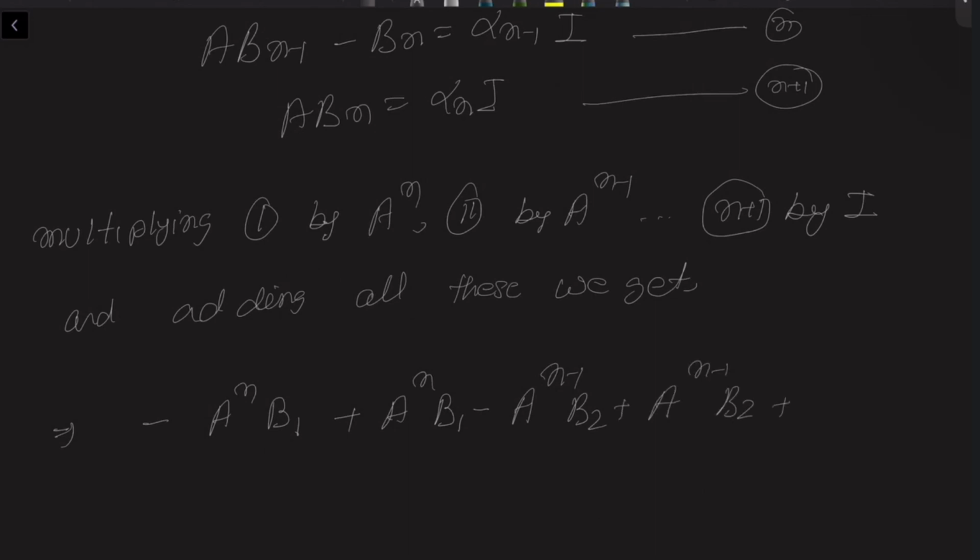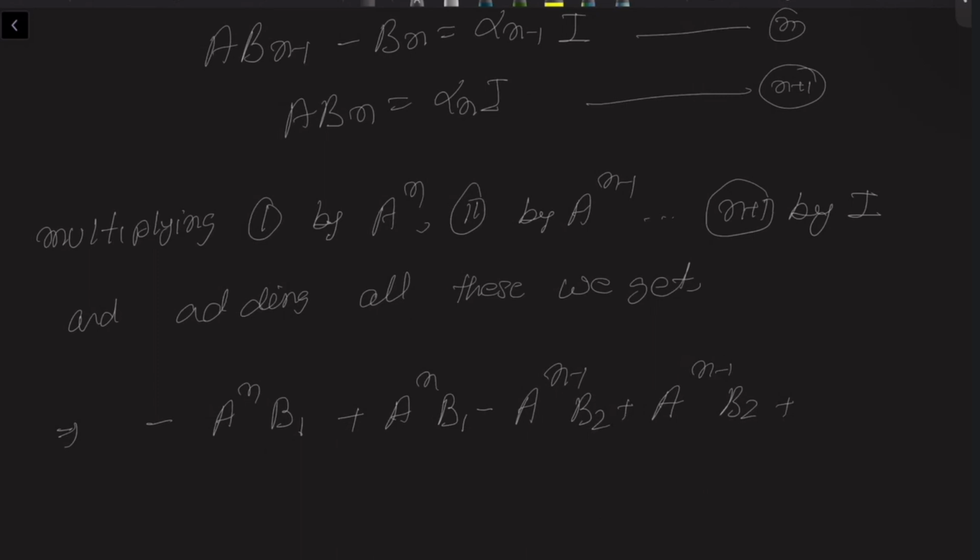So basically every term I get as plus minus, and everything will get cancelled out, dot dot dot, up to A^2 B(n-1) minus ABn plus ABn, and this is equal to alpha 1 A^n, alpha 2 A^(n-1), up to alpha n I.